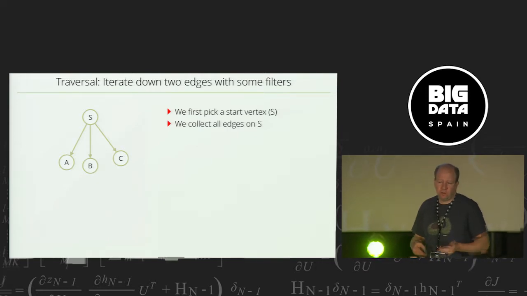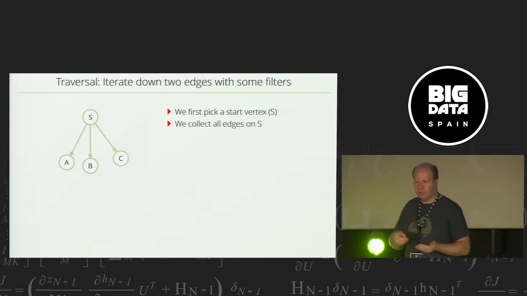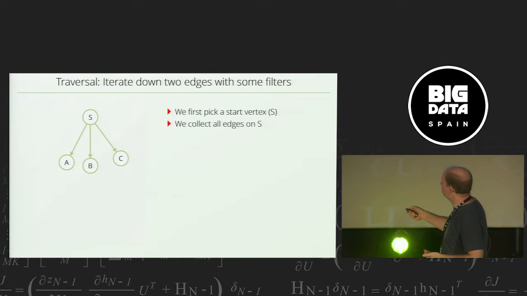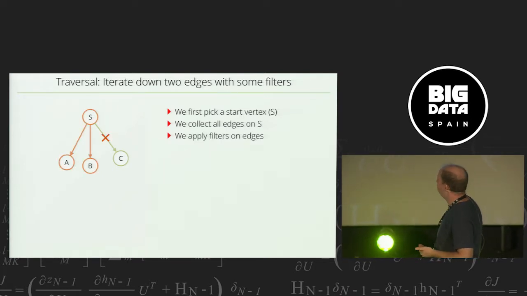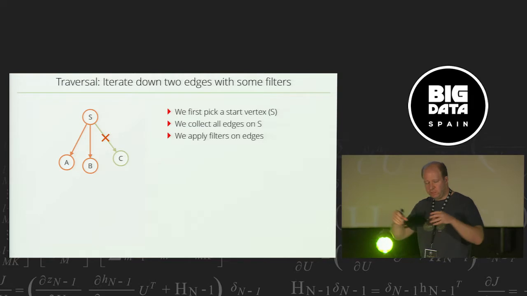Now we might not be interested in all these edges. We might have a condition on the data which is on the edges. So we might apply some filters and just discard this one. But still we have 2 neighbors. And now, since we are looking for the vicinity and paths, we somehow repeat the same thing at the neighbors.